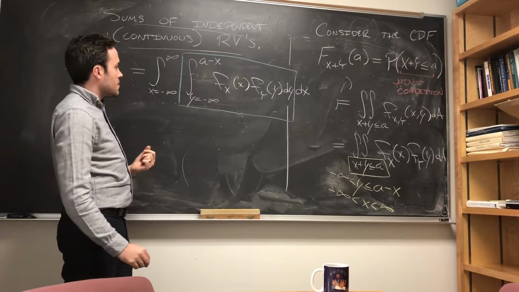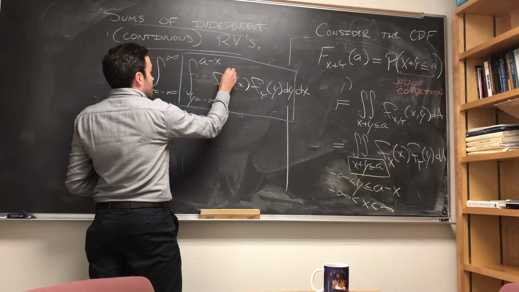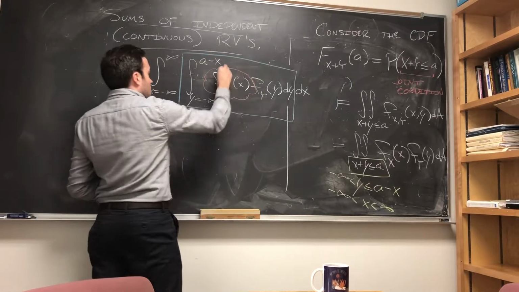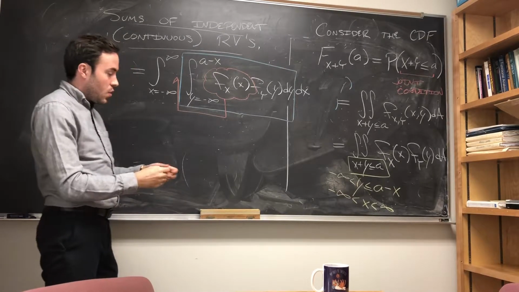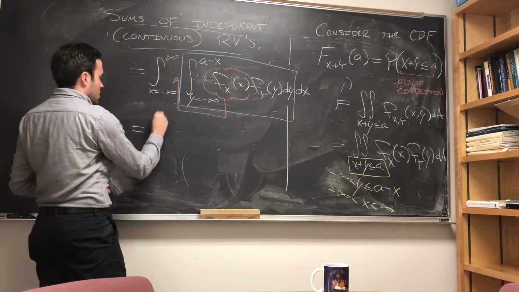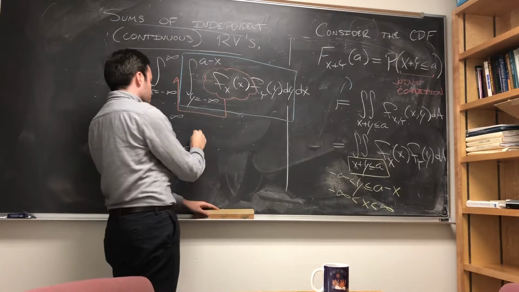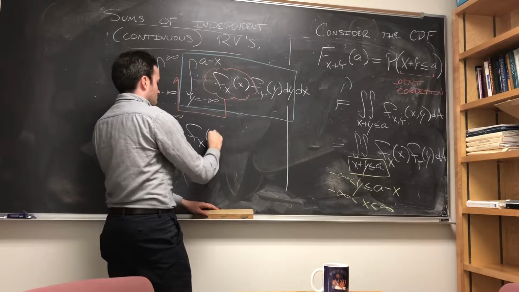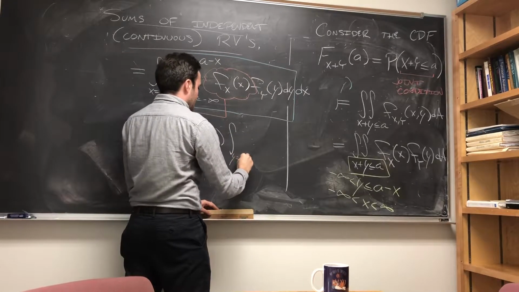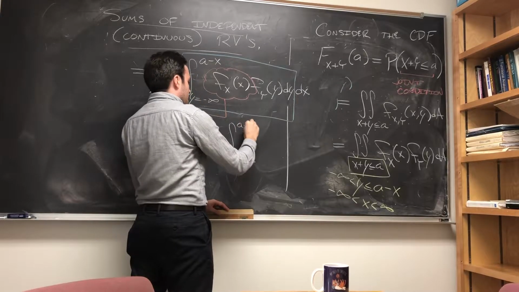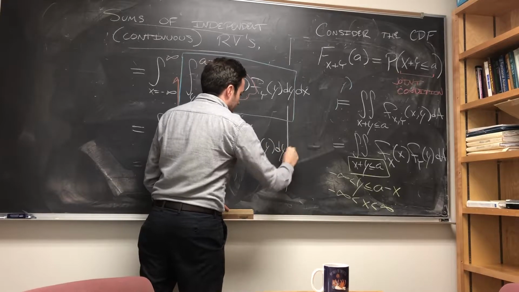This is really why this is nice. So all of this, let me use a different color here, all of this comes out in front of the y integral, right? So this is really the integral from x is negative infinity to infinity, f sub x of x times the integral from y is negative infinity up to a minus x, f sub y of y dy.